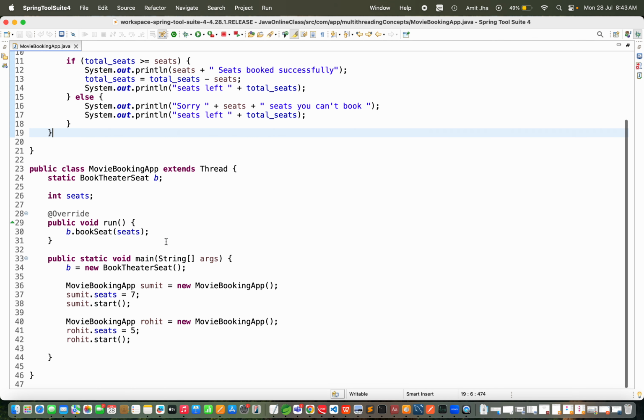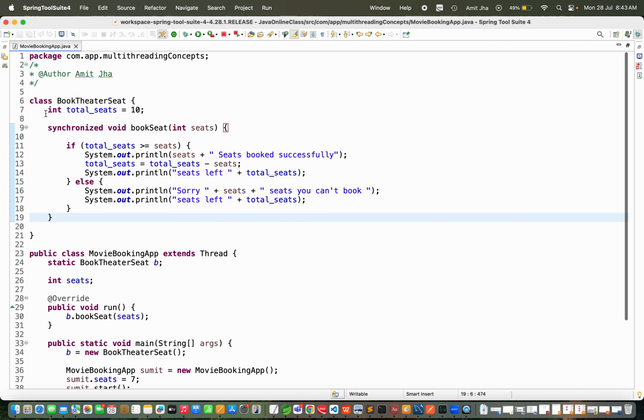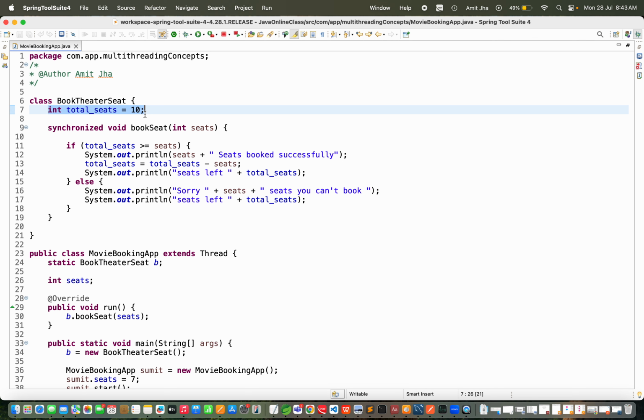See guys, if you have two threads here, one thread by Sumit and one thread is Rohit, right? Suppose they want to book seats in our movie booking application. You can see here in total we have 10 seats.